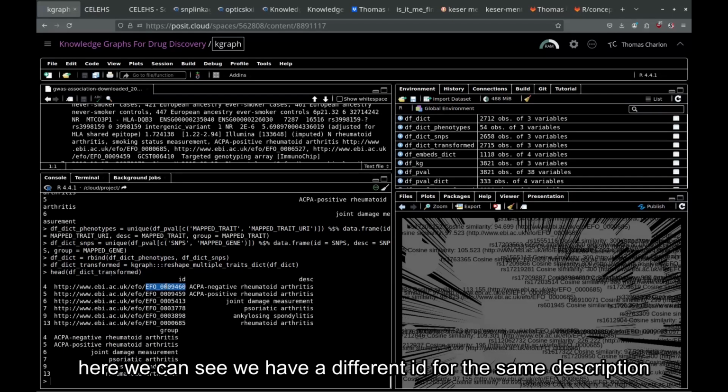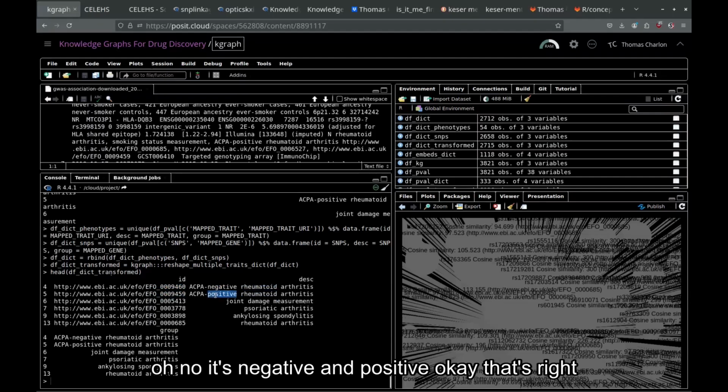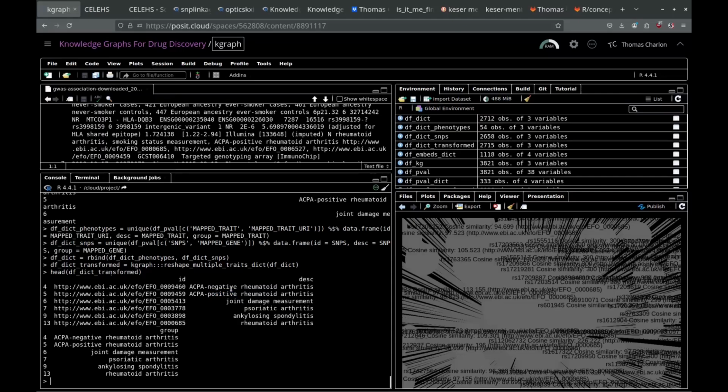So here we can see we have a different ID for the same description. Oh no, it's negative and positive. Okay, that's why. So we have our dictionary all set.